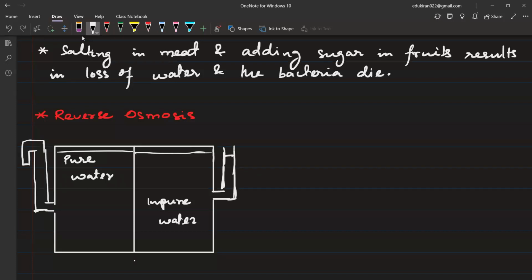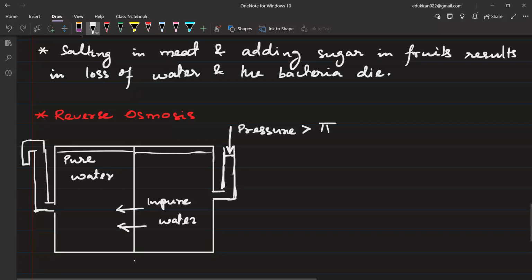Now we apply pressure on the side of impure water. How much pressure is applied, please see: the pressure is greater than the osmotic pressure. Osmotic pressure stops the osmosis, but if I add even more pressure, then reverse osmosis happens. The water is going to move from the impure water.